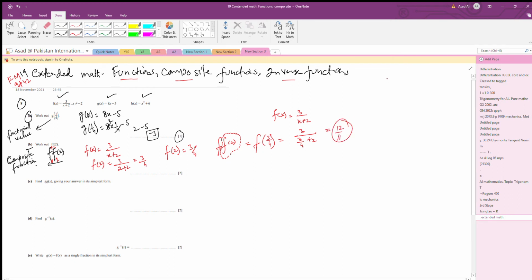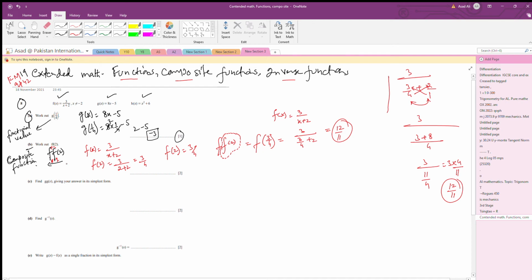If somebody wants to do it manually, I don't recommend manual working here, I'm just doing it for your understanding. 3 over 4 plus 2: 4 into 1 is 4, plus 2 into 4 is 8, so we get 3 upon 11 over 4. After flipping we get 3 into 4 over 11, which is 12 upon 11. So I got the same answer here.